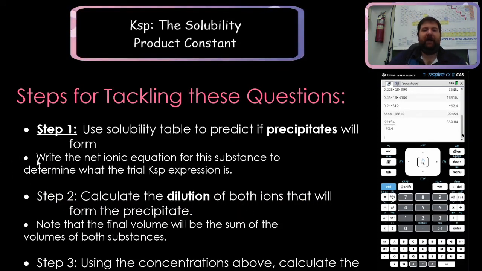Here are our steps on how we're going to solve for these. Step 1: we're going to use our solubility table to predict if precipitates will form. How do you do that? You look to see if it says low solubility or high solubility. That's it. And you're going to write the net ionic equation for that substance and figure out what the trial KSP is.